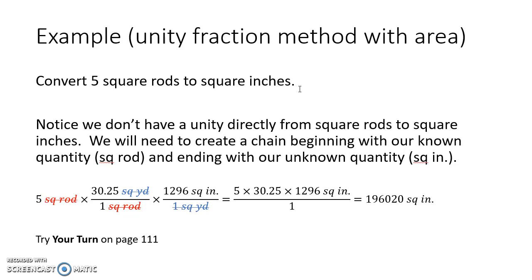definitely inches are smaller than rods, so I'm probably going to work in that direction from larger to smaller. The acres is actually larger than a rod, so that would be kind of working in the wrong direction. So I'm going to choose to work with the 1 square rod is equal to 30.25 square yards. Set that up as my first unity fraction.